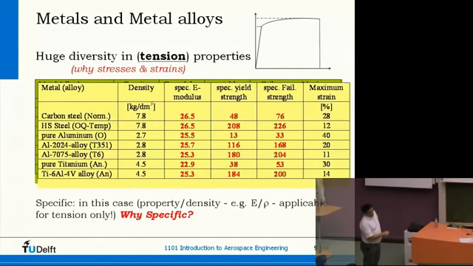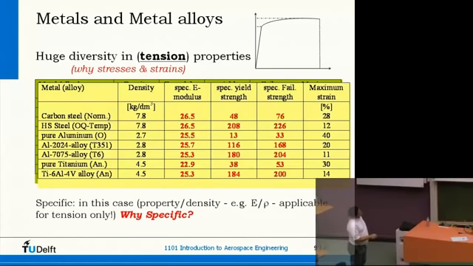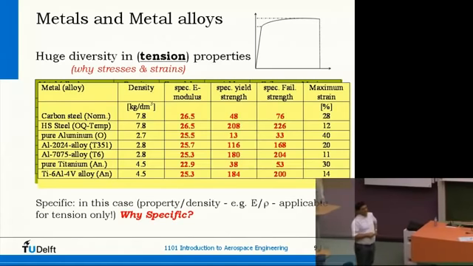This is almost around 25. But more interesting are, of course, these strength values, yield strength and failure strength. And now what you see, high-strength steel is still maybe the highest, but not by that huge difference as on the previous slide. Titanium here is also coming very close, and also this aluminum is coming very close.